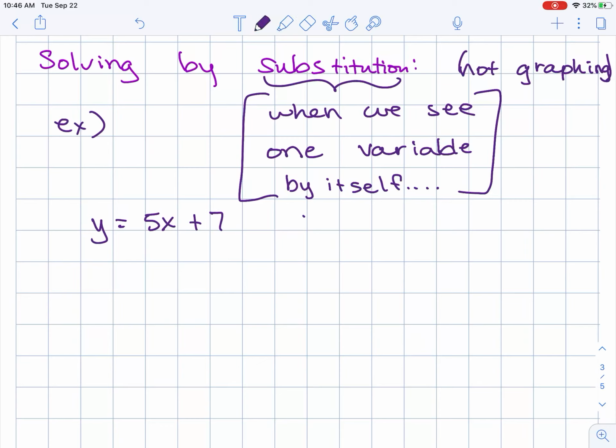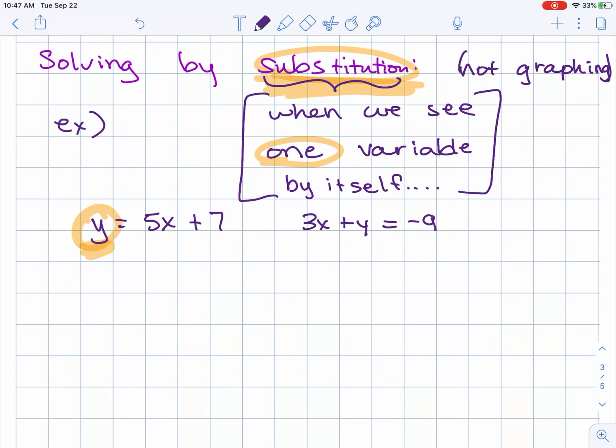y equals 5x plus 7 and 3x plus y equals -9. So again, substitution is only helpful when one variable is by itself. And we actually see that right here. So because we see the y by itself, we know we can use substitution. Now, just like when you have a substitute teacher, another teacher replaces the regular teacher, right?